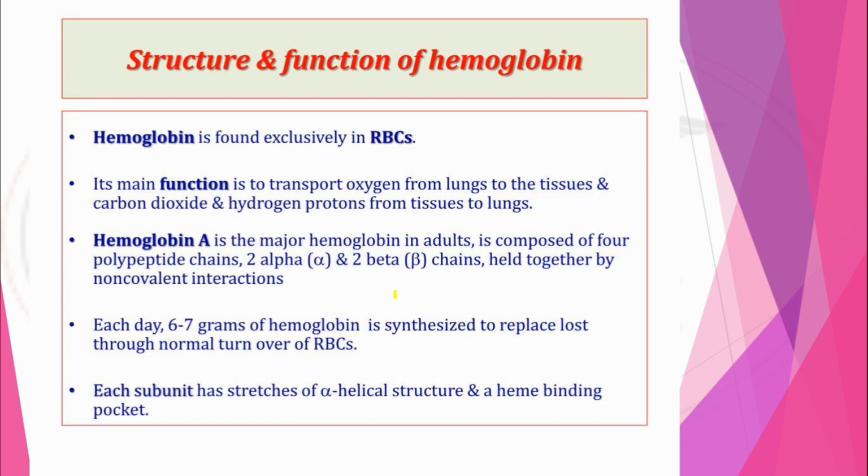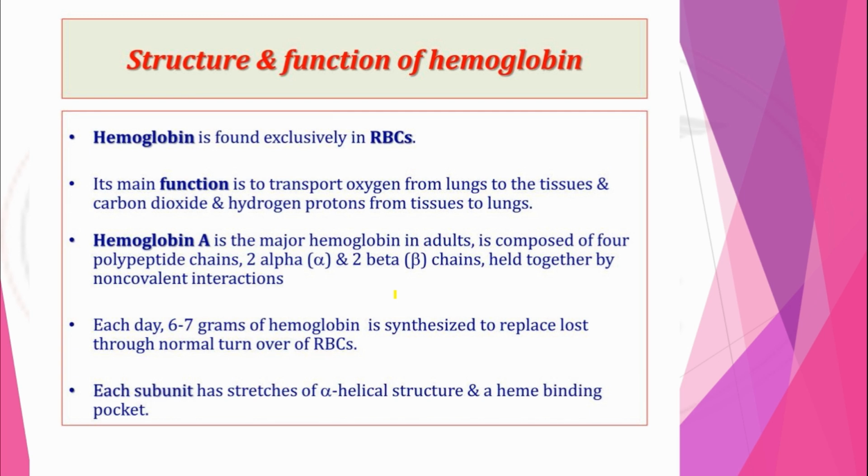The main function of hemoglobin is transfer. What does the hemoglobin do? It helps to transport oxygen from lungs to tissue, and carbon dioxide and hydrogen protons from tissue to lungs.